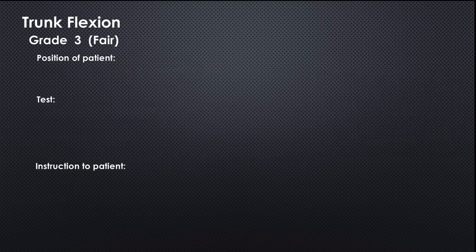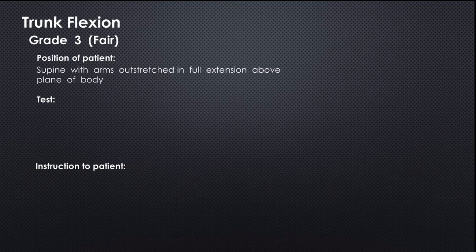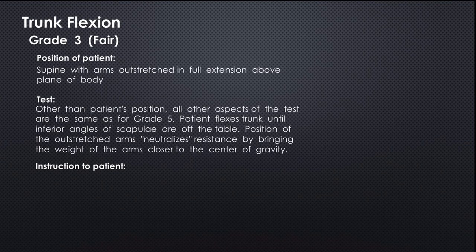For grade 3, the patient should be positioned supine with arms outstretched in full extension above the plane of the body. You'll see a picture of that later on. Then same as grade 5, positioning and testing. The patient flexes the trunk until the inferior angles of the scapula are off the table. Positioning the outstretched arms neutralizes the resistance by bringing the weight of the arms closer to the center of gravity.